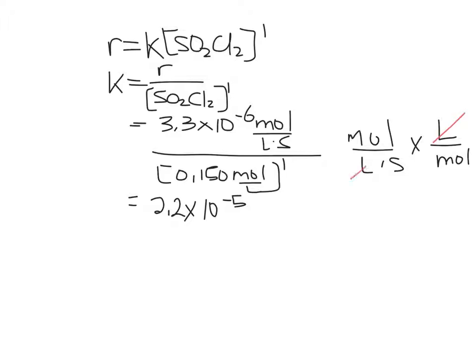So our liters cancel, our moles cancel, we're left with a unit 1 over s, 1 over seconds, or seconds to the negative 1. This is going to be our unit for our K value for any first order reaction.